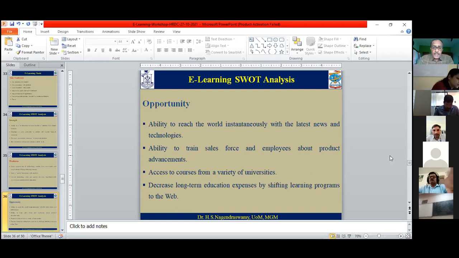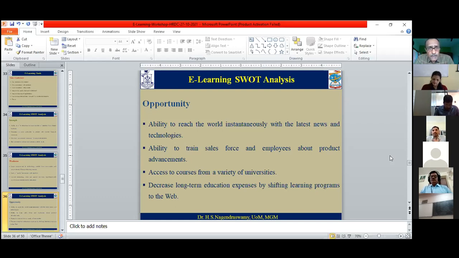Then the ability to train sales force and employees about product advancements. Of course, not only products, even for courses offered by various institutions. Suppose an institution is offering a new course, then definitely there should be an advertisement, because people must know what course is offered and what the benefits of that particular course are. Recently I heard that many engineering colleges have started artificial intelligence and data science programs, like SJ College of Engineering, Vidyavardhaka College of Engineering, and many other engineering colleges.